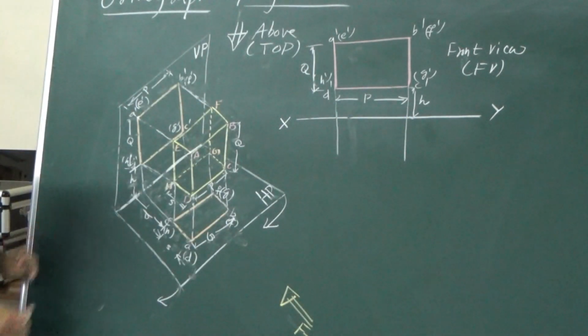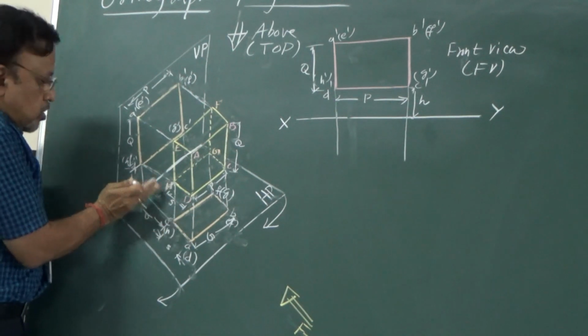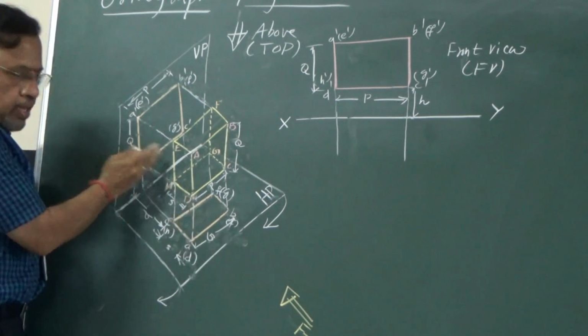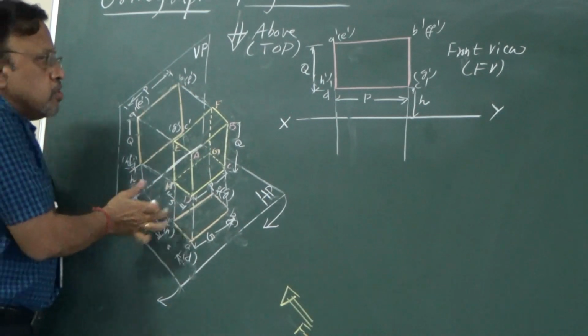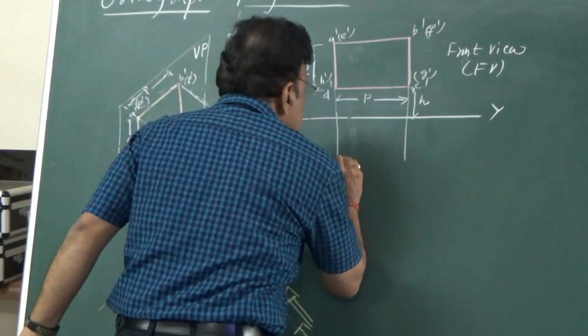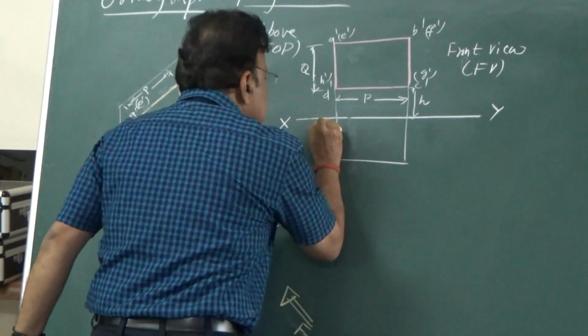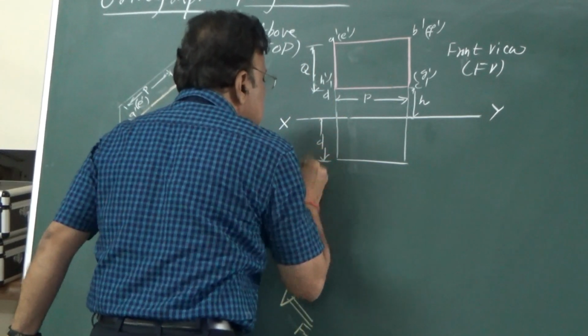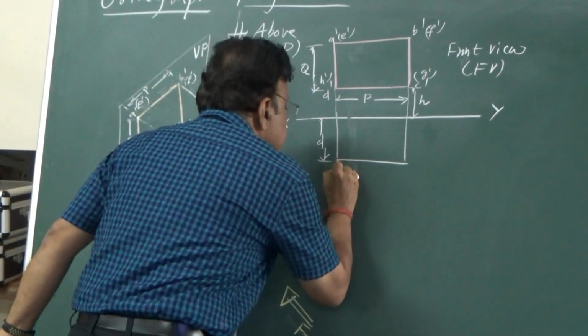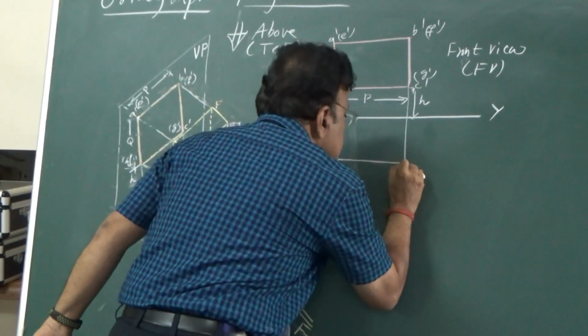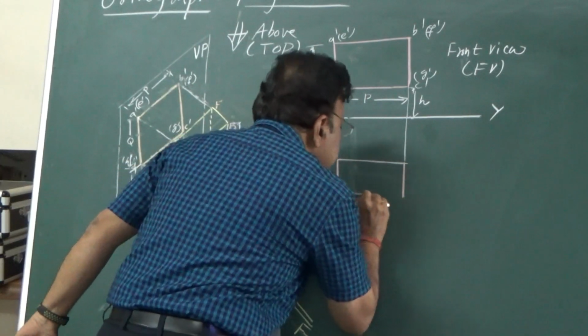Then I told you how much this object is in front of VP. It is in front of VP by a distance equal to D. So I will take this distance as some D distance. Then I will complete this figure. Whatever we have here, I can just replicate that. That's all.